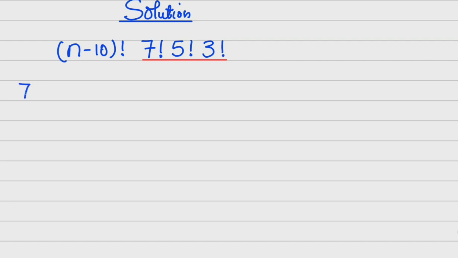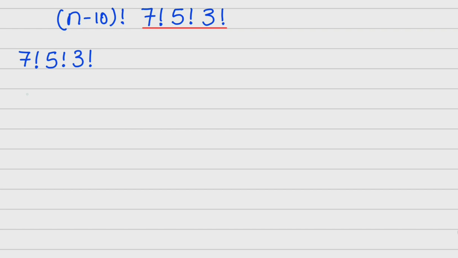Now, I have 7 factorial, 5 factorial, and 3 factorial. So let me start with the 7 factorial. Before you express it, let me show you how. You see, once you have n factorial, it is expressed as n times n minus 1 times n minus 2, and so it goes on.